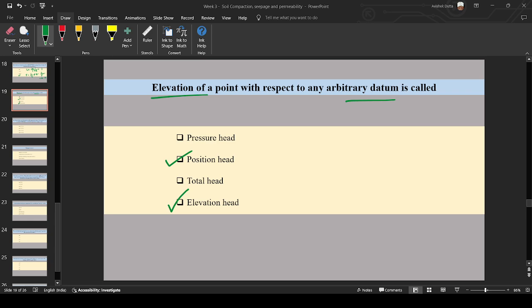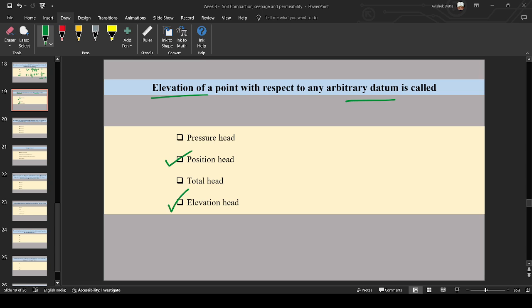The portion between two adjacent equipotential lines and adjacent flow lines is called. So if this represents a drop in the head during the flow, and this line represents the stream lines or the flow lines, the portion between two adjacent equipotential lines and two adjacent flow lines, that is between the upper one and the lower one.